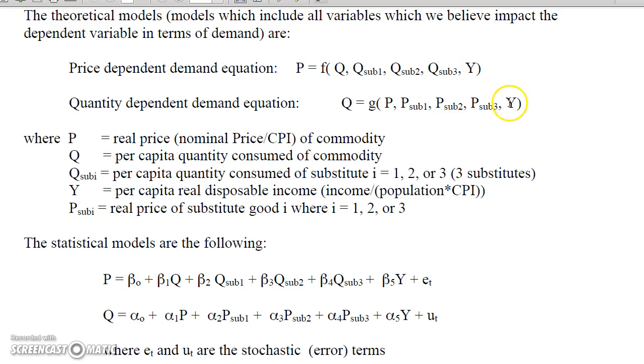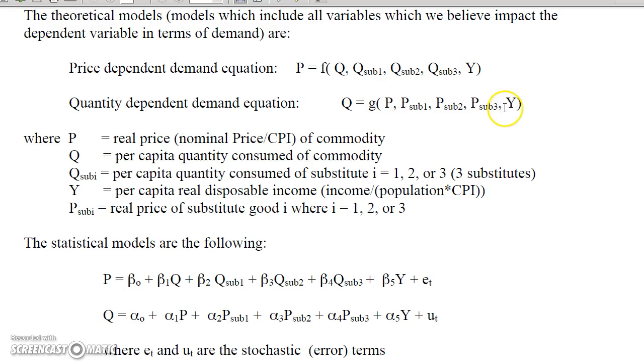So that's per capita income. On my left-hand side, I should have one column, and that's the per capita consumption of the major commodity. On the right-hand side, I should have 2, 3, 4, 5 columns for different variables.